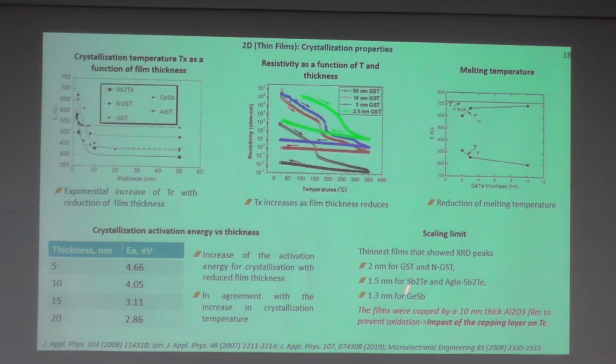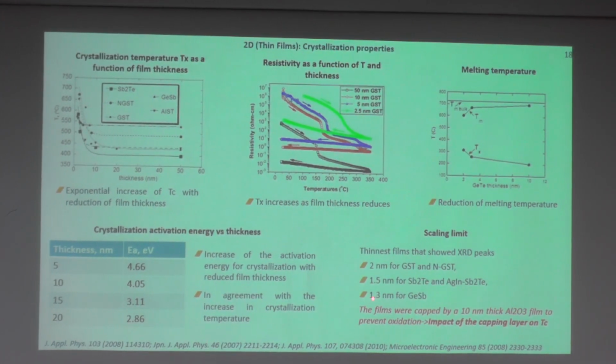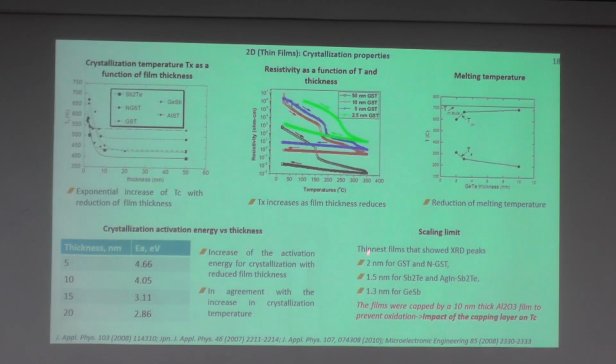Here, this is about the oxidation of thin films. If you want to study such a really thin film with thicknesses between 1 and 2 nanometers, you have to cap these thin films with a layer like aluminum oxide or another layer to prevent oxidation. But this capping layer can also impact the crystallization of your material.